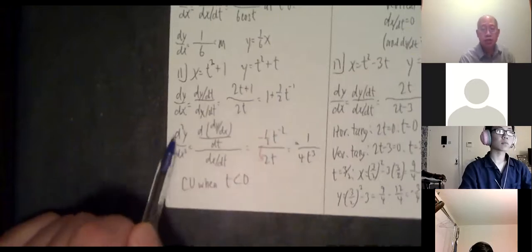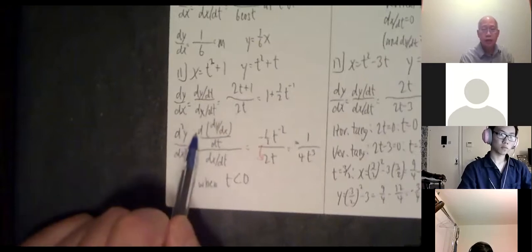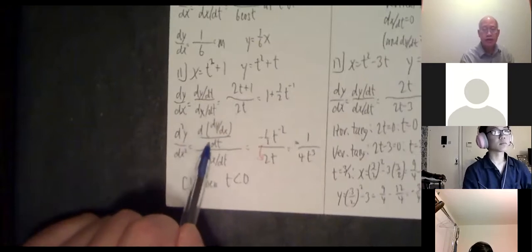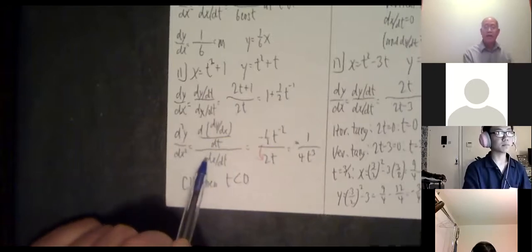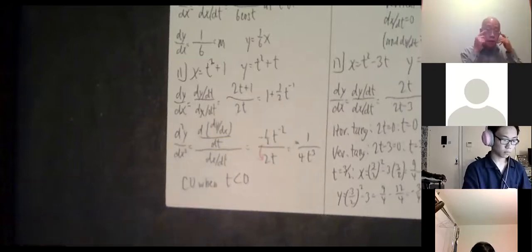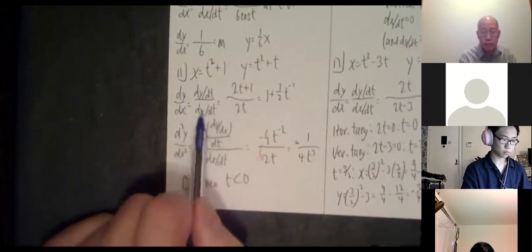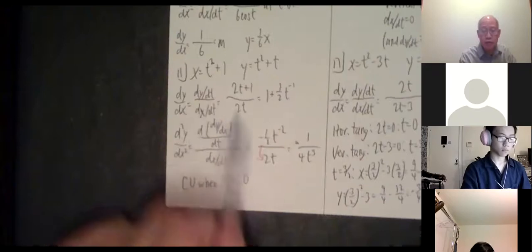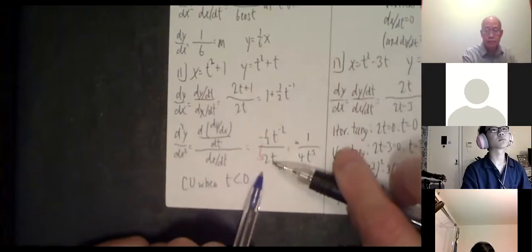Now, d squared y over dx squared, by formula, is the derivative with respect to t of dy/dx, divided by dx/dt. Again, it looks scary, but it isn't really. dx/dt is just a copy of what you did over here. I already found dx/dt, 2t, so that just gets copied over there.